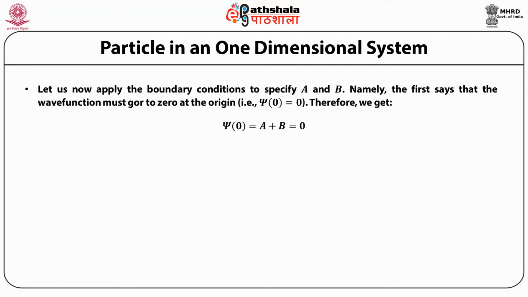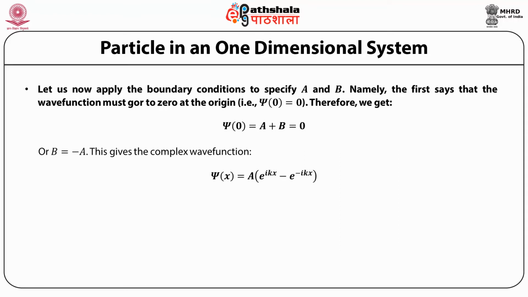The wave function must go to 0 at the origin, that is psi(0) equal to 0. Therefore, we get psi(0) equal to A plus B equal to 0, or B equal to minus A.